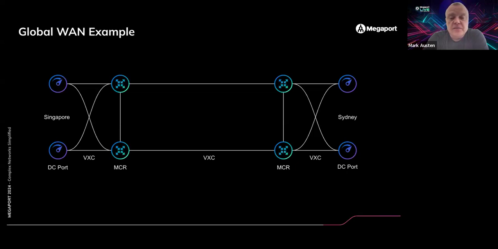The MCRs in Singapore then connect across to two different MCRs in Sydney, Australia. And the MCRs in Sydney are connected to two data center ports in Sydney, all using VXC. So the white lines you see on this slide are the point-to-point private connectivity.